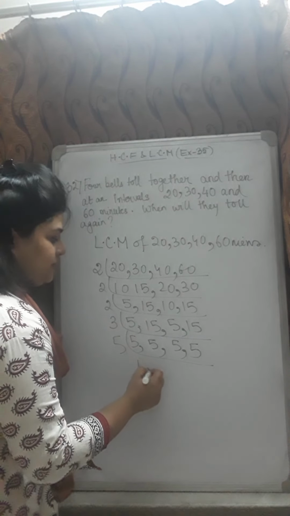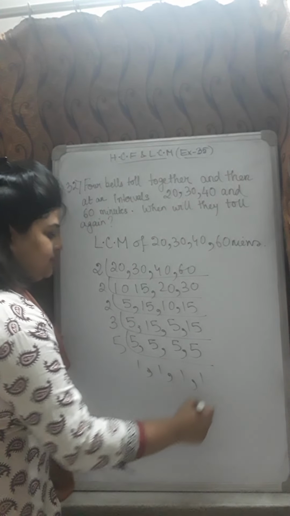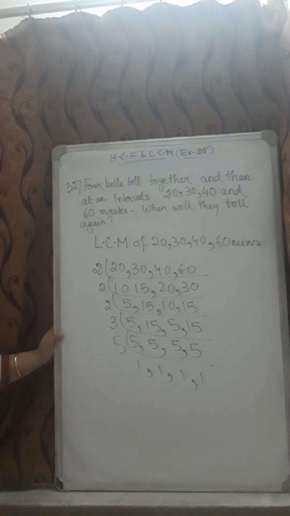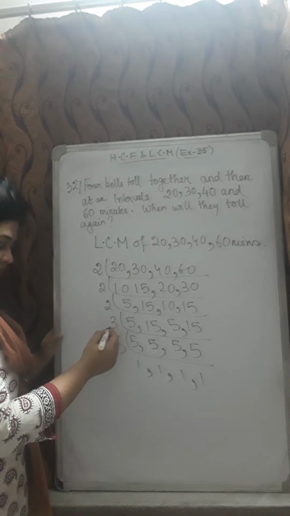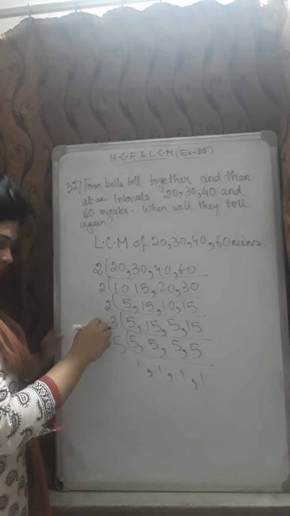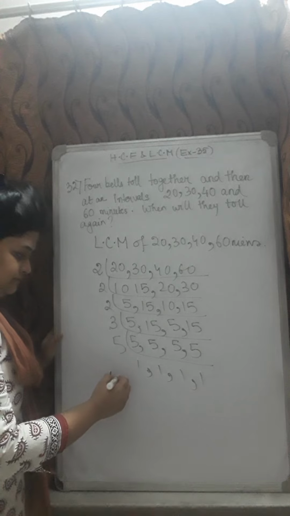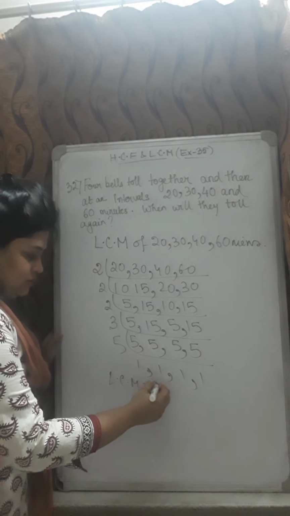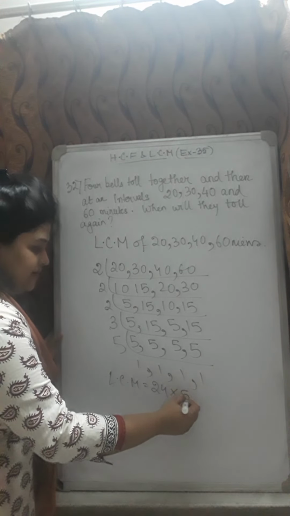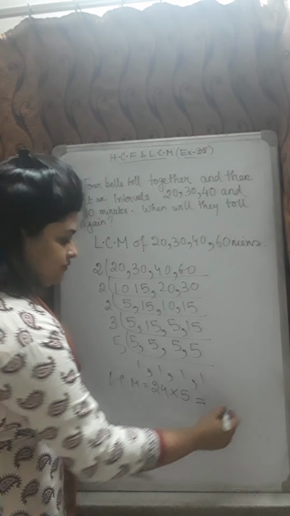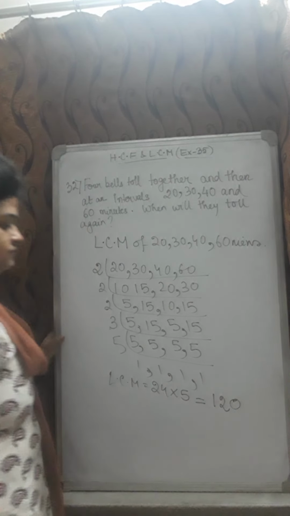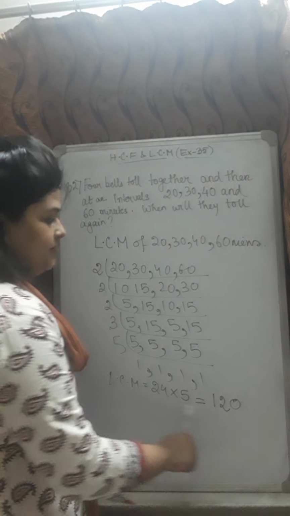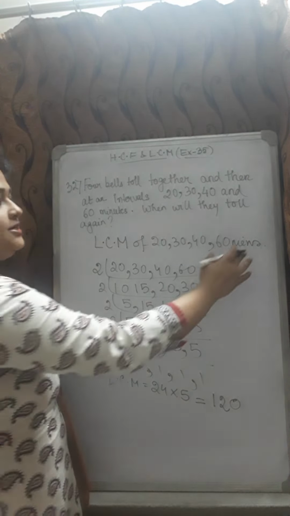Now directly with 5, all will get converted into 1. So what is the LCM? 2 2s are 4, 4 2s are 8, 8 3s are 24, and 24 into 5 is equal to 120. And the unit is minutes, so the LCM is 120 minutes.